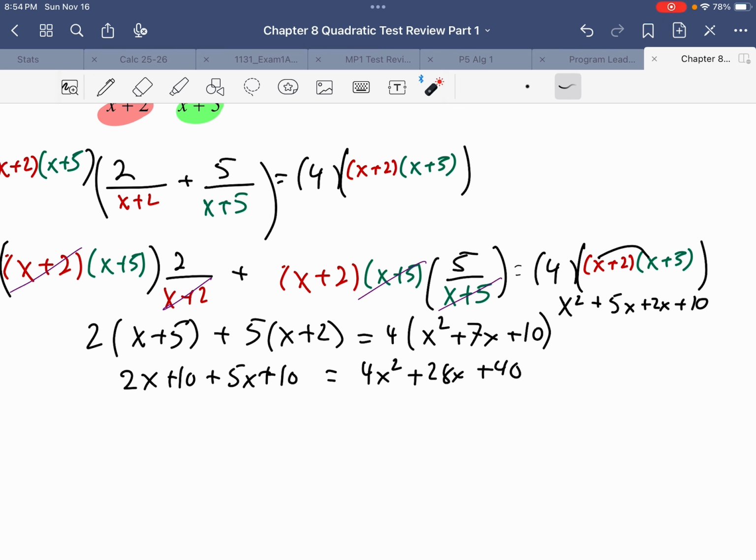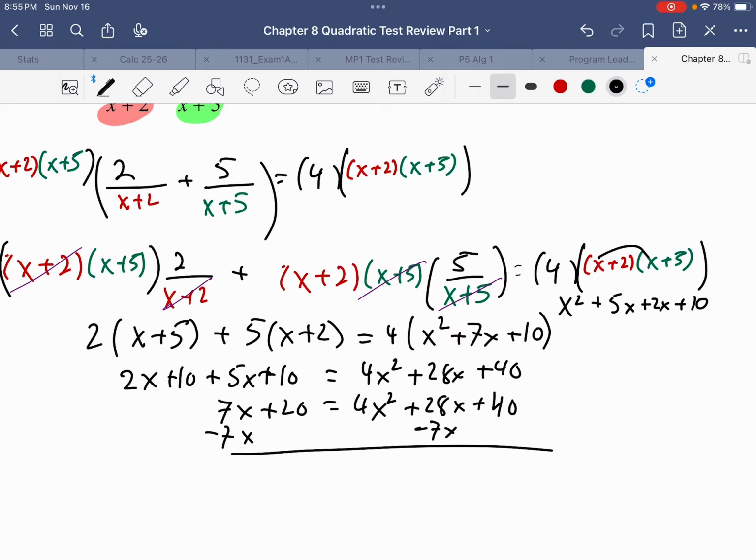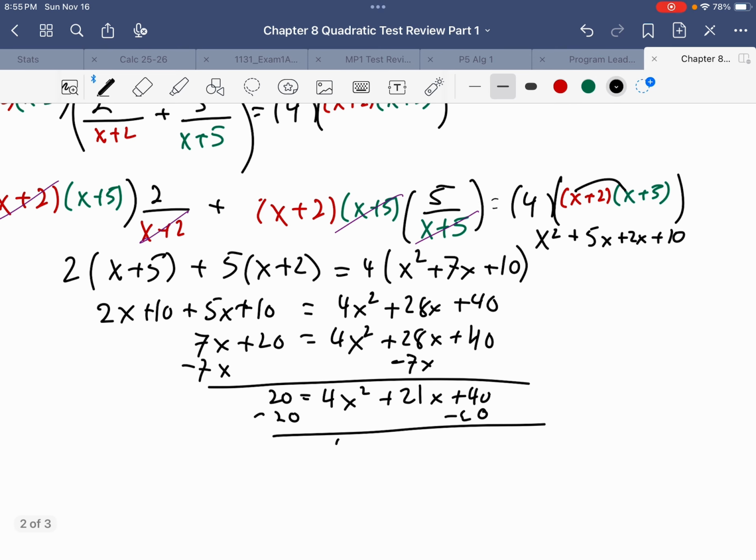Instead of subtracting 2x and then subtracting 5x, I would want to group the like terms together to make this 7x plus 20 equals 4x squared plus 28x plus 40, and then subtract 7x on both sides. And then subtract 20 on both sides.